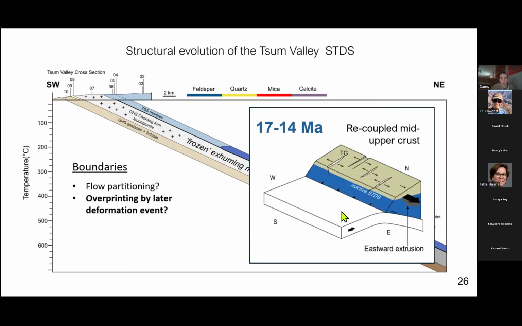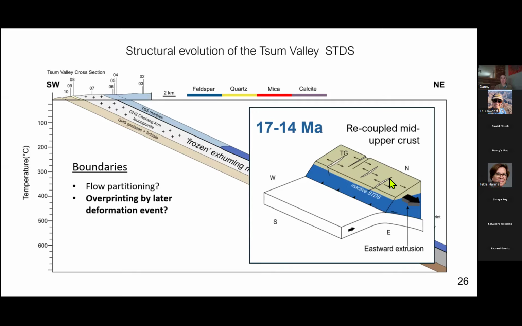But what we do know is that the cessation of the South Tibetan Detachment System is typically linked with a transition in orogenic kinematics to an east-west extensional regime, so orogen parallel extension that occurs along north-south striking structures in the upper crust.